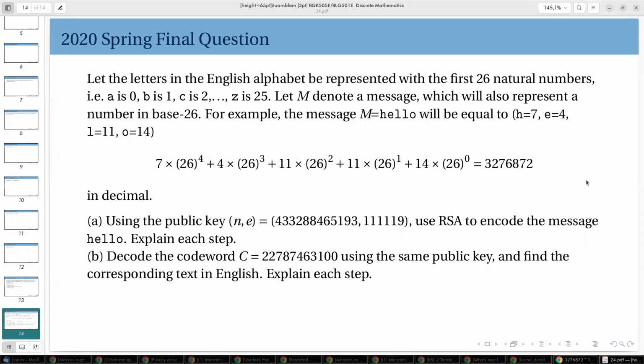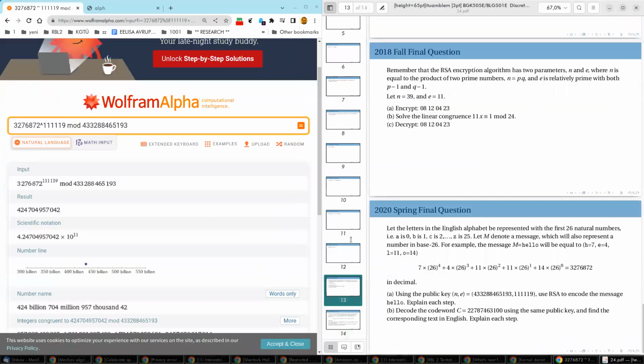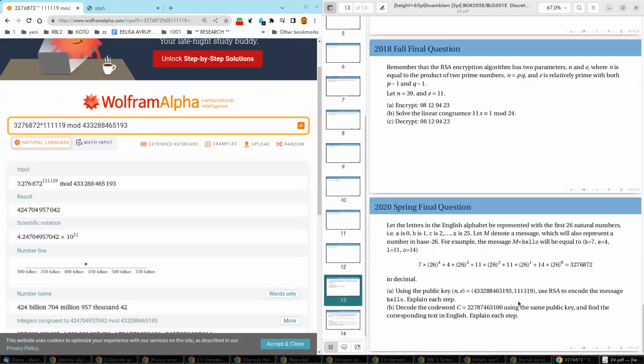So my purpose with this question is that you should select the public key very carefully, and a seemingly large number like this one may not be a very good public key value. So I'm going to demonstrate that the value in this question is not really a useful public key.